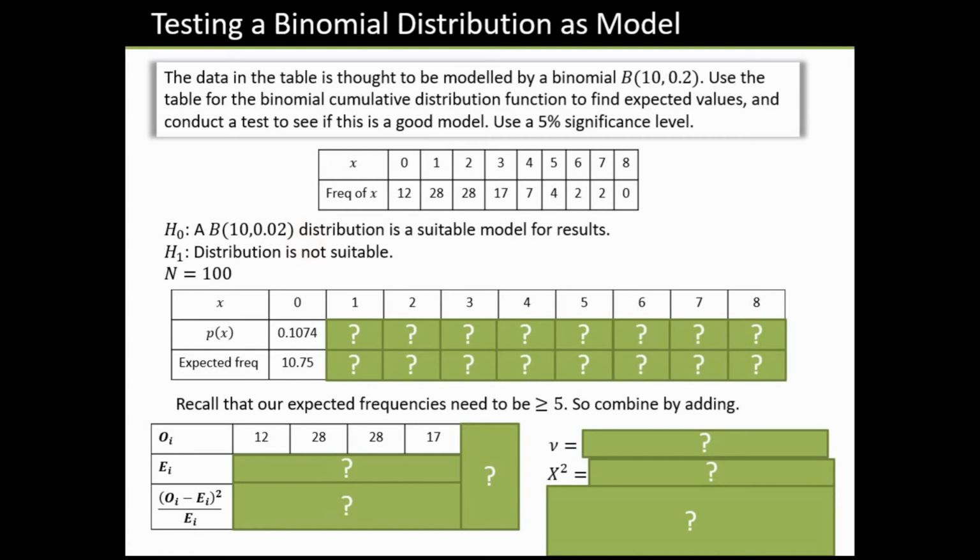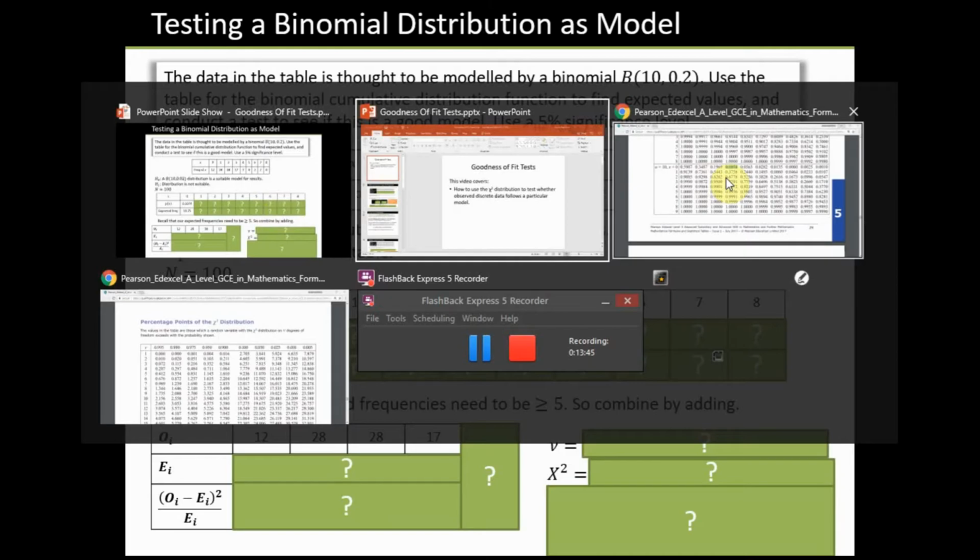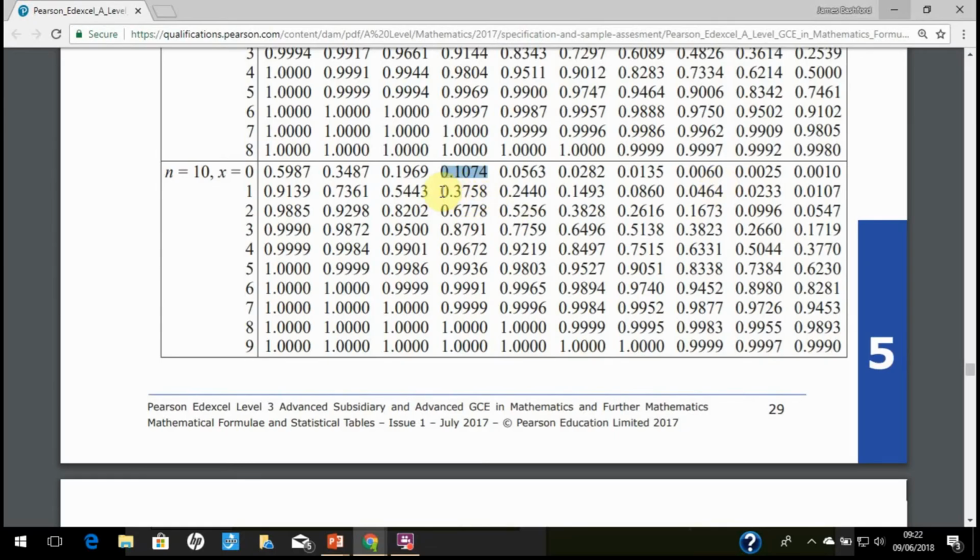And then to get the probability that x equals 1, we could use the formula, and it's absolutely fine to use the formula, but because we've got to work out a few here, I think it's generally easier to use the table when possible. If we go back to the table, this is the probability that x is less than or equal to 1.